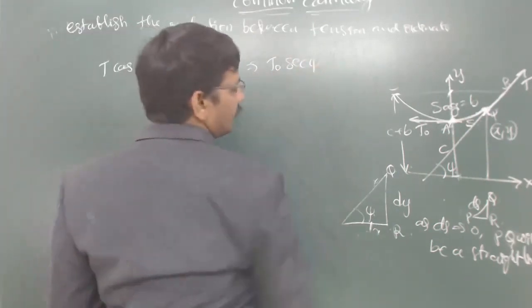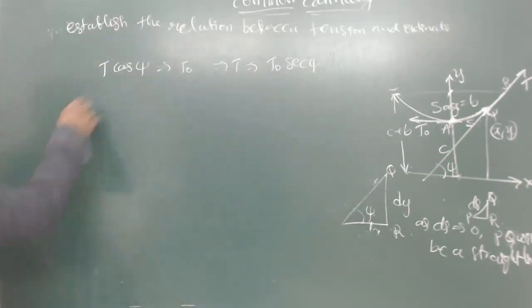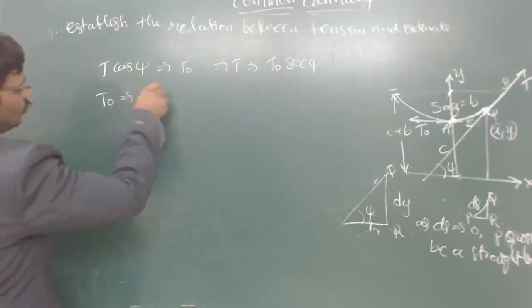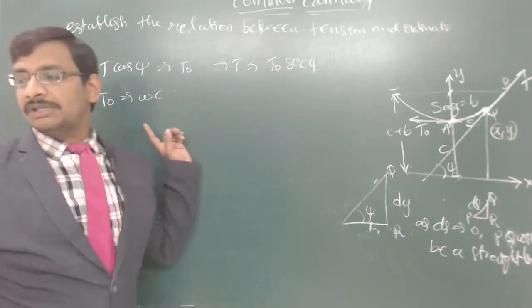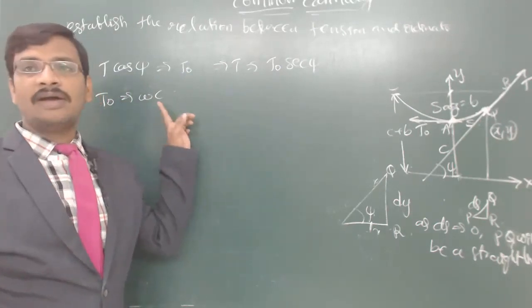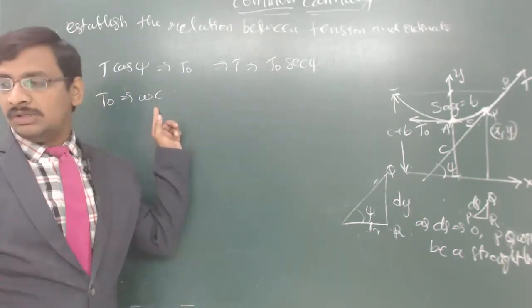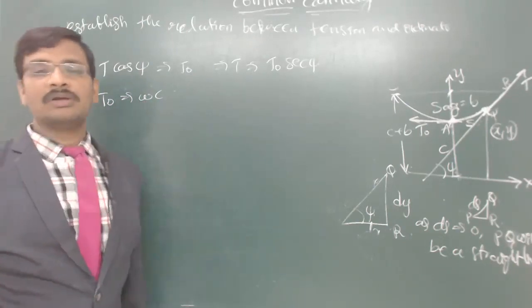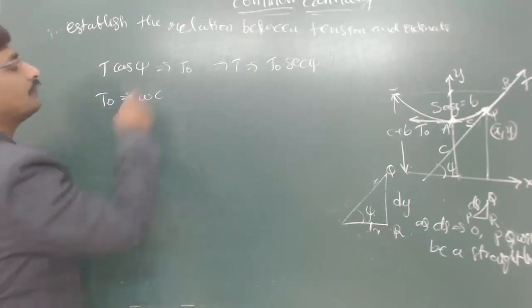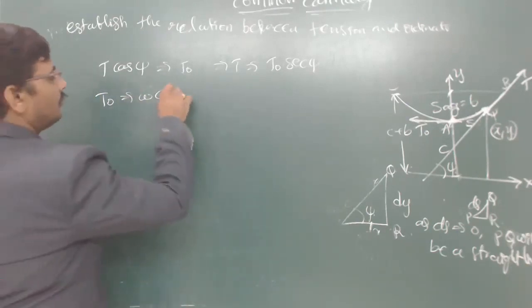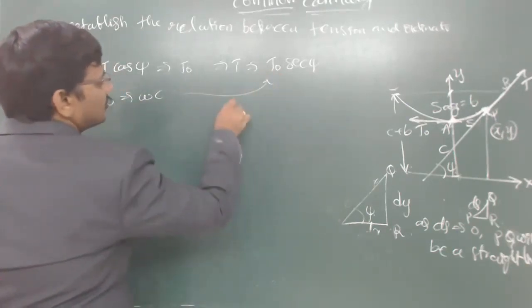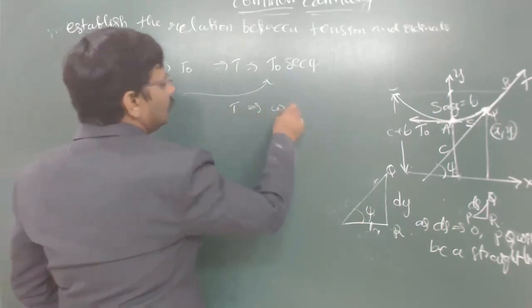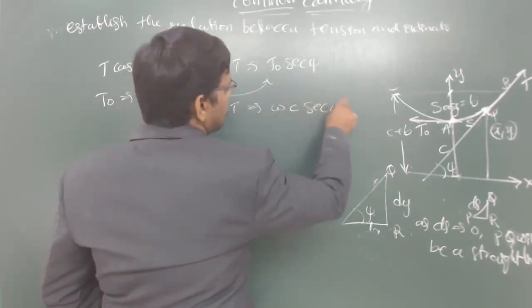And we know the relation T naught is equal to W into C, which was initially discussed. So you have identified the parameter value C, whose multiplication with the weight per unit length is equal to the horizontal component of the tension. So this was the initial assumption we made. Now if you replace here, T is equal to W into C into secant psi.